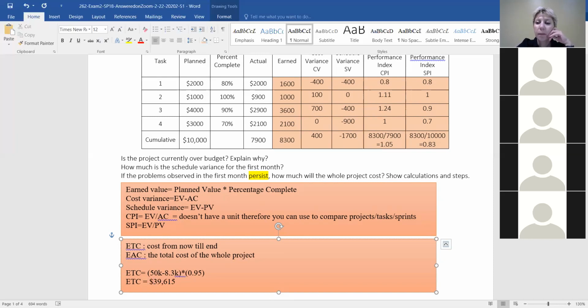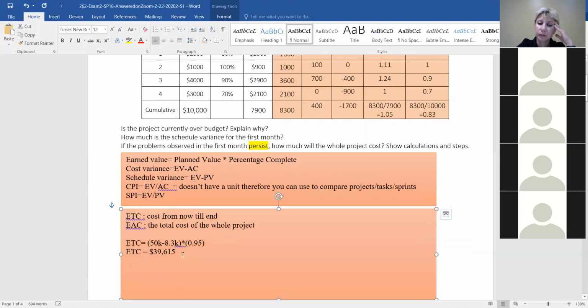Chris, can you do EAC as well? Yeah, I should be able to. Thank you. So your EAC in this case would just be your ETC plus what you've already spent, right? Exactly.